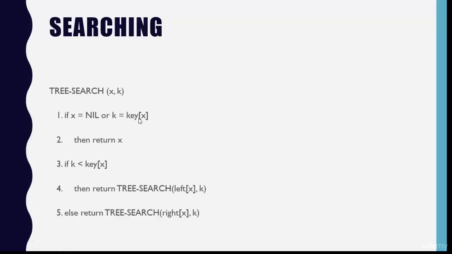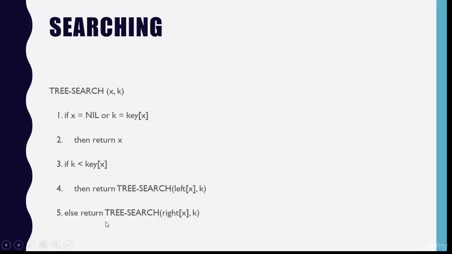If the two keys are equal, the search terminates. If k is smaller than key of x, the search continues in the left subtree of x, since the binary search tree property implies that k could not be stored in the right subtree.